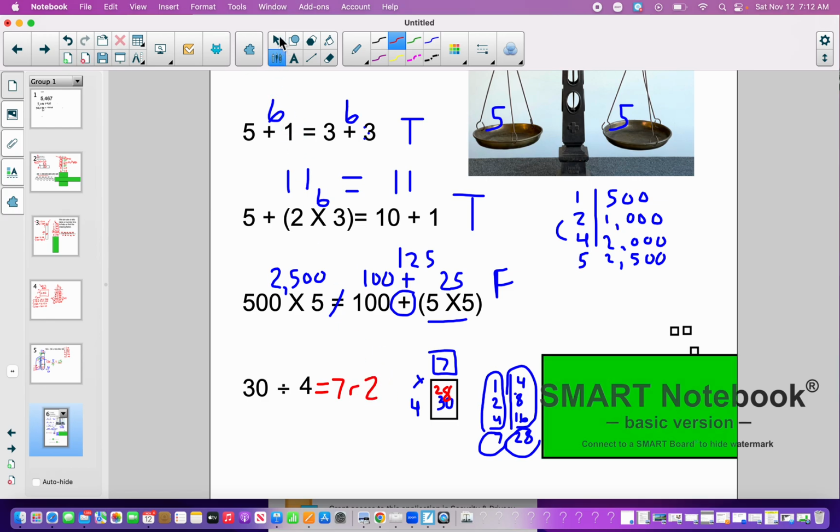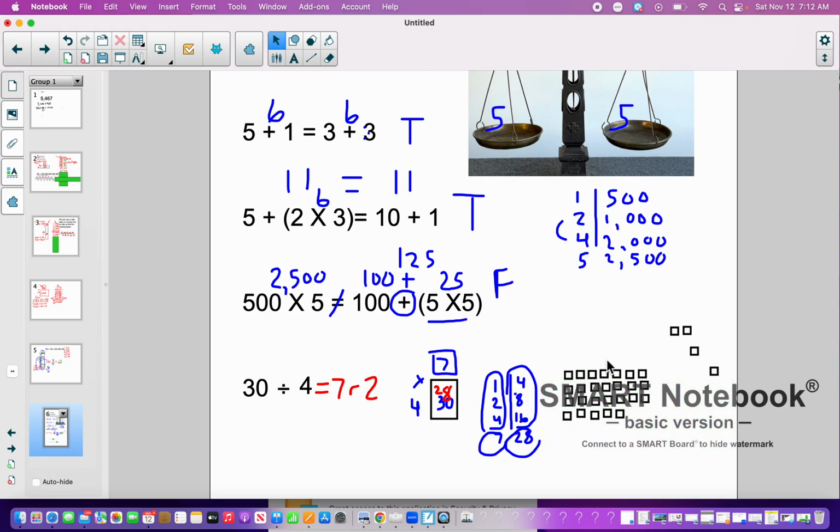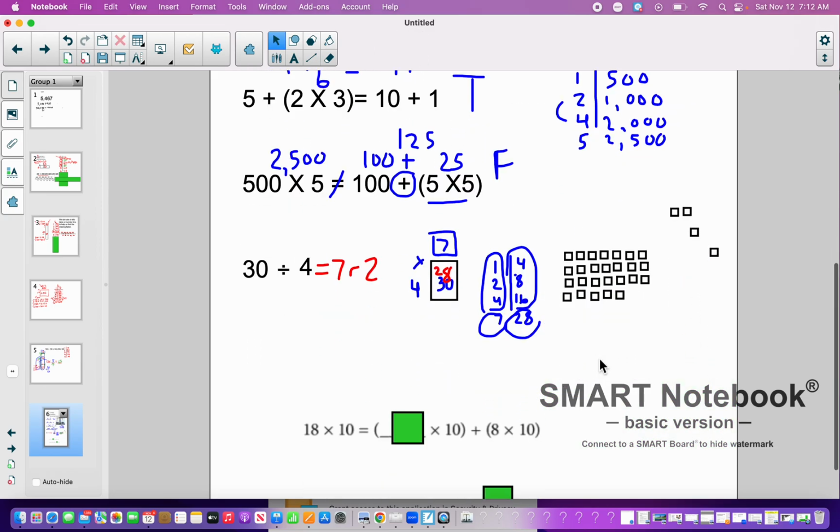And on this page, you're going to see some story problems we have to interpret. You have to make it a fraction. You might have to look at it as money. In class, the other thing we did is we pretended like we had a bag, and we dumped out the bag, and the bag had 30 tiles in it. And then, because this said 4, we started putting them in arrays of 4.